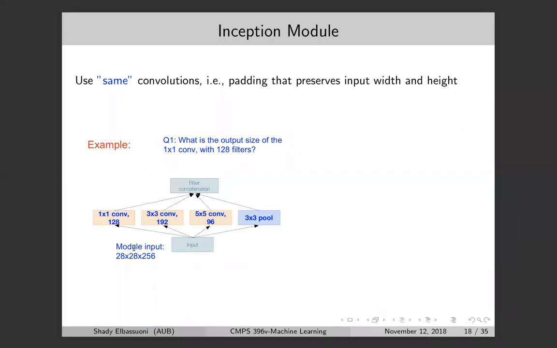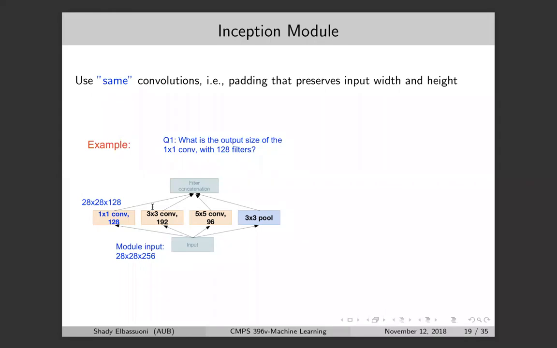The input is 28 by 28, so I want the output to be 28 by 28, regardless of the padding. And so I set these other things so that I get 28 by 28. Why times 128? Because that's the number of filters. That's the depth.